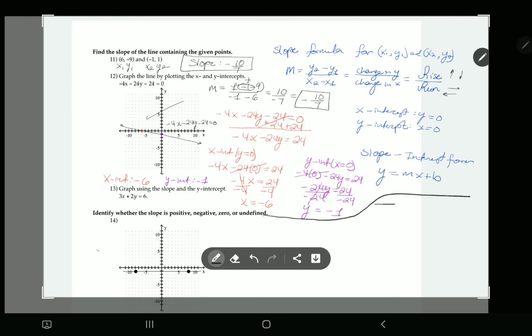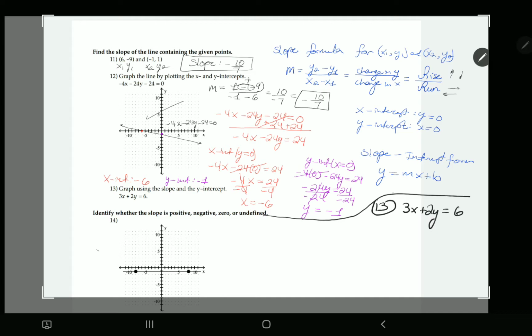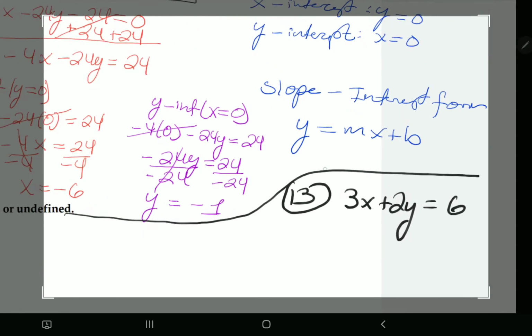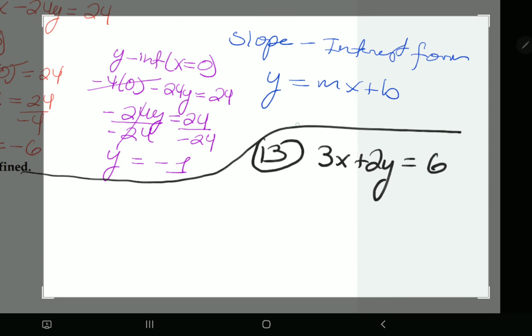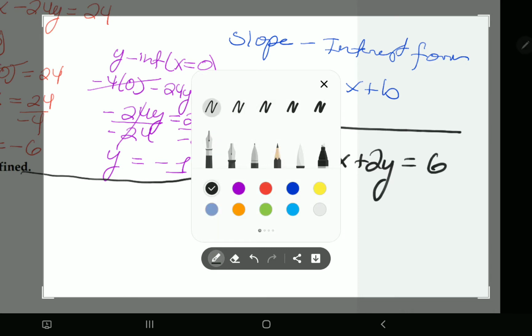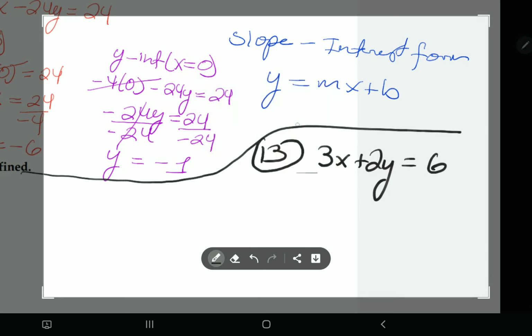So I should erase that. 13: 3x plus 2y equals 6. We want to solve for y. To get y by itself, the first step is to subtract 3x from both sides.